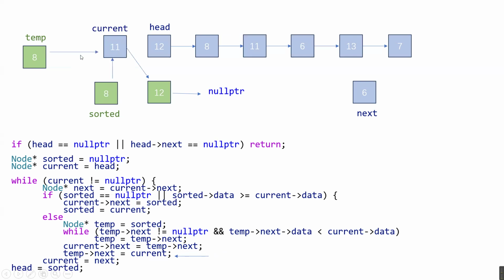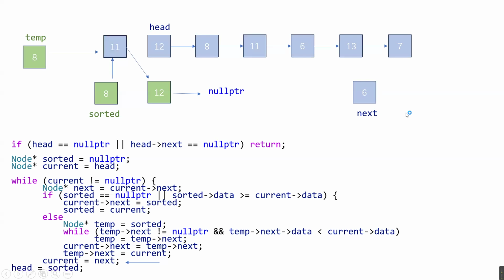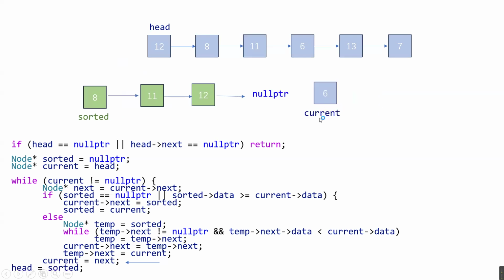So it will have two pointers. No, just one. It will point to the current. And then we set the current to become the next. This one. Current becomes the next, right? In the previous step, next is 6. We change the current to the next, right?